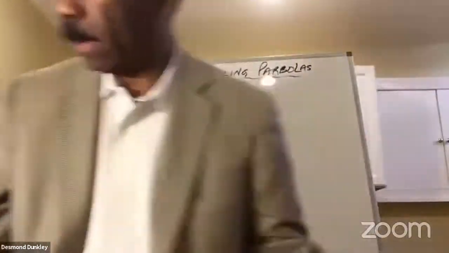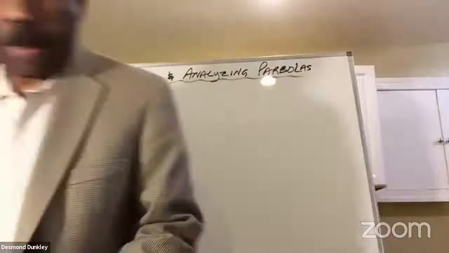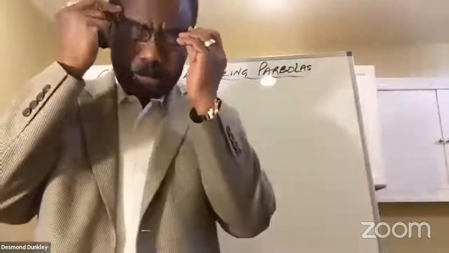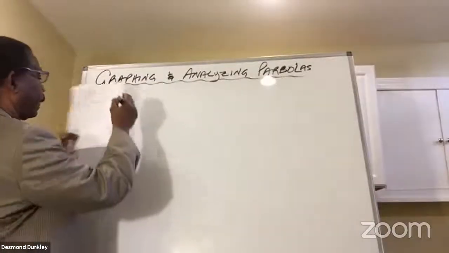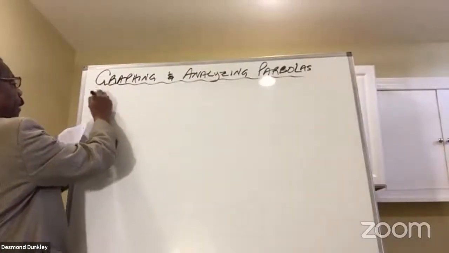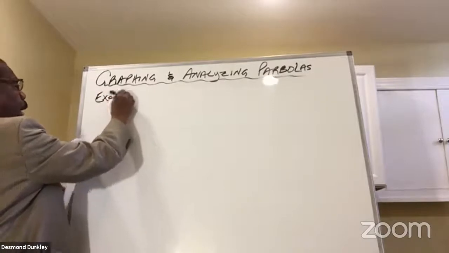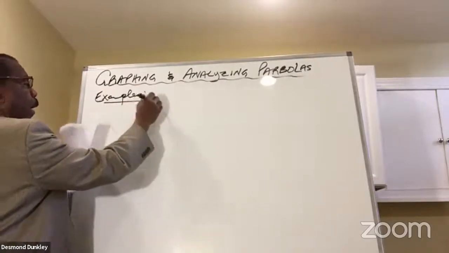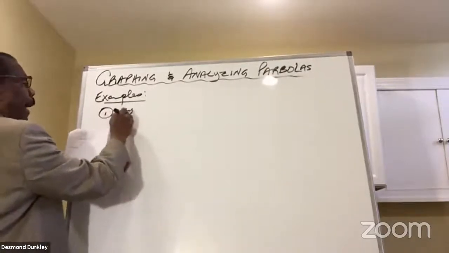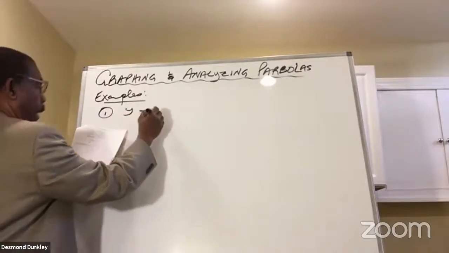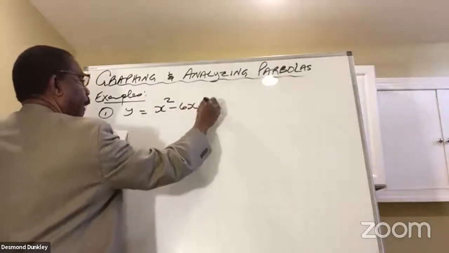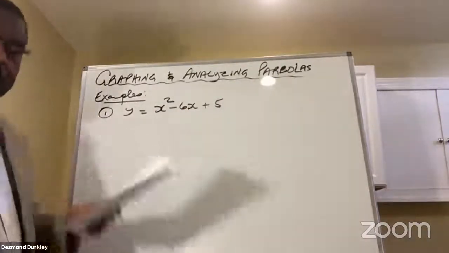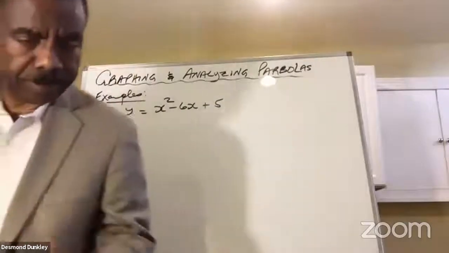Okay, so let's look at a couple examples and let's see if we could get some things taken care of. For example, y equal to x squared minus 6x plus 5.